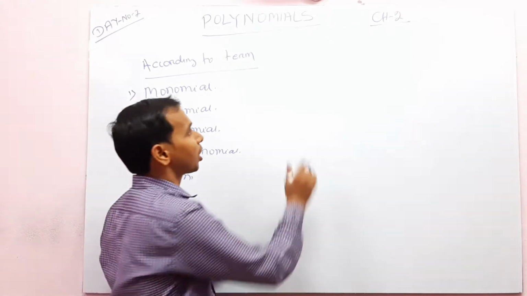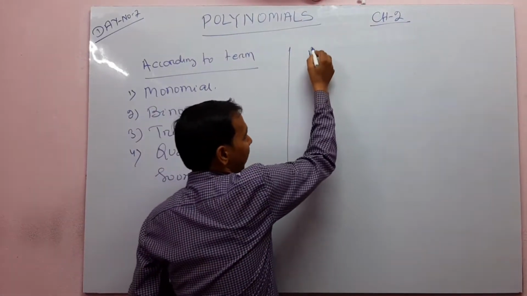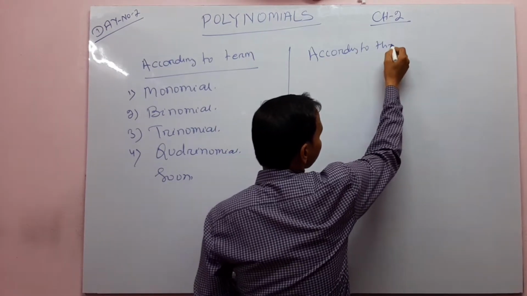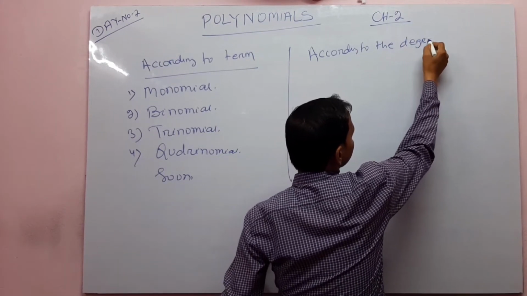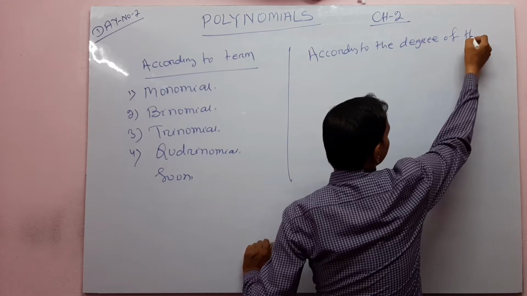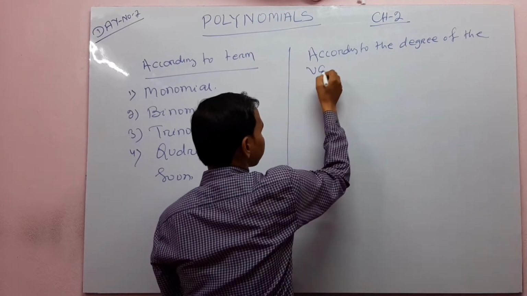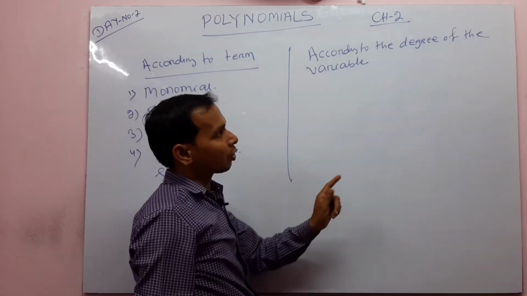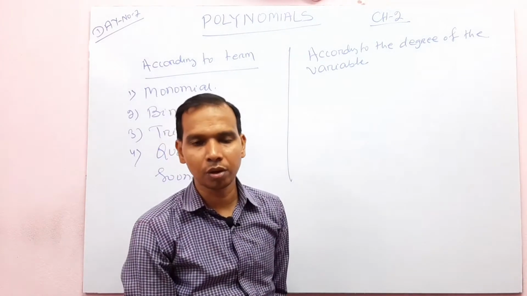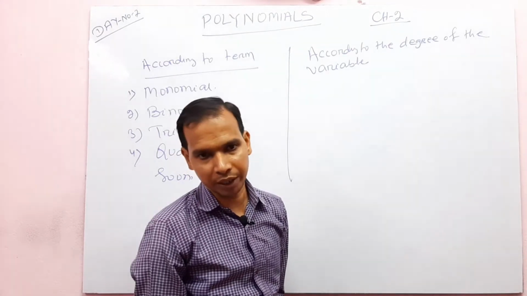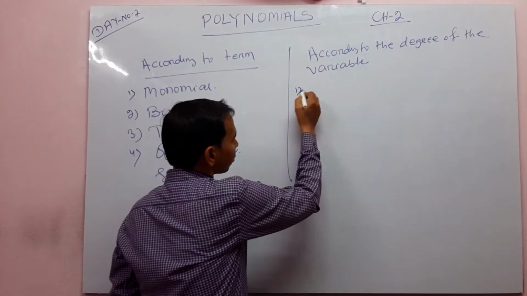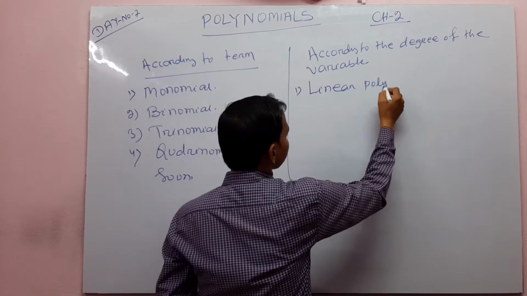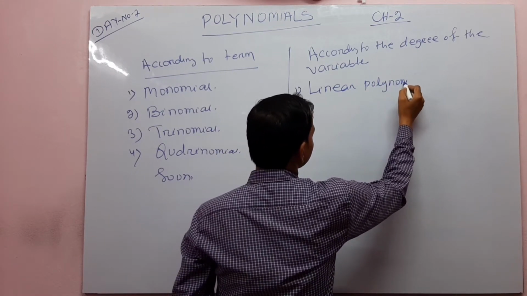But according to the degree of the variable, polynomials are also of different types. This one, linear polynomial.